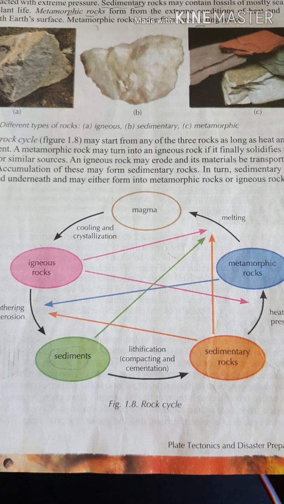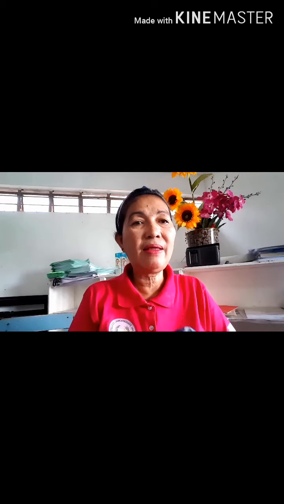Now from there, since igneous rock is already on top of the surface, there will be weathering and erosion. Weathering is the breaking down of the particles into pieces. Then from there will be sediments, which form the sedimentary rocks with different layers. As I'm having here the rock, okay, and this is heavy.